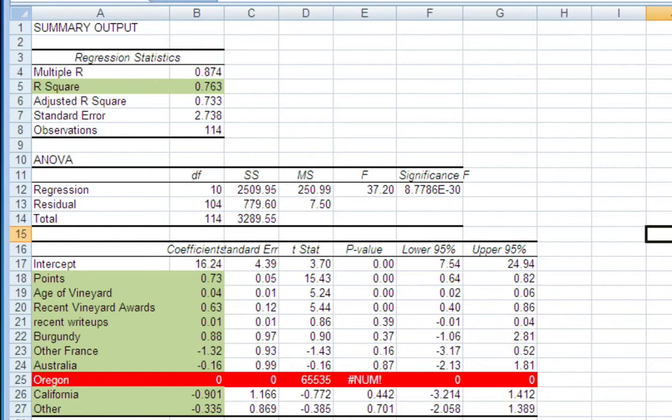However, then we only had 1 dummy variable because it was clear you're either from California or from the other regions. Similarly, here it is clear you're either from Burgundy, other France, Australia, Oregon, or California. And if you're from none of these regions, you must be from other. Therefore, we overspecify our model.